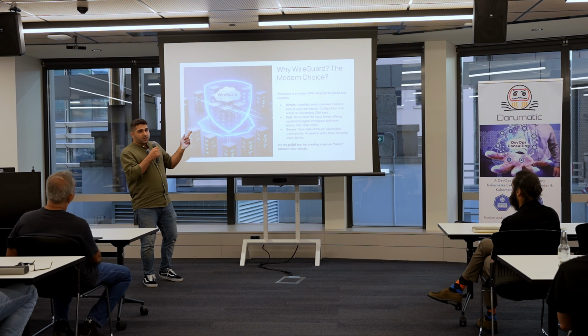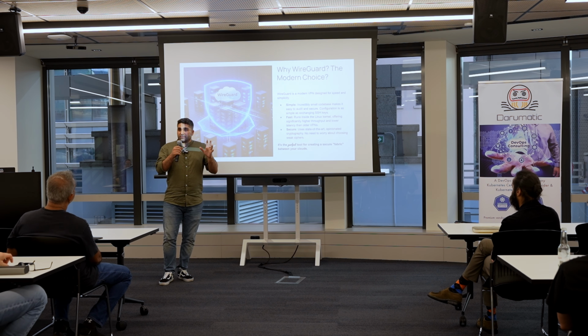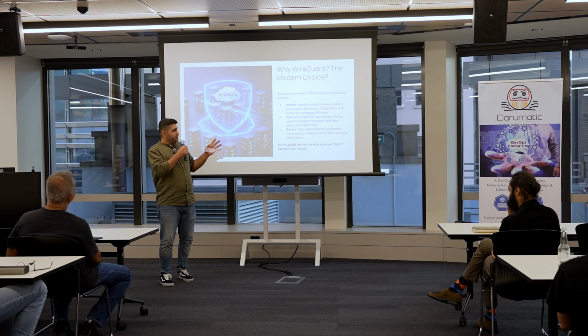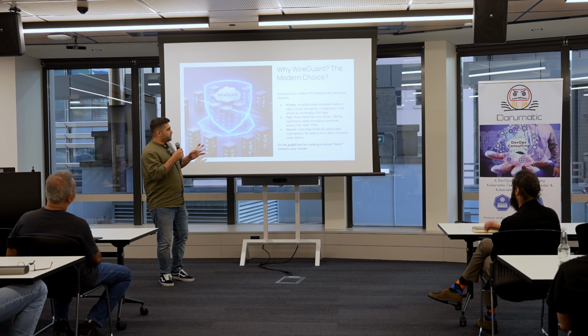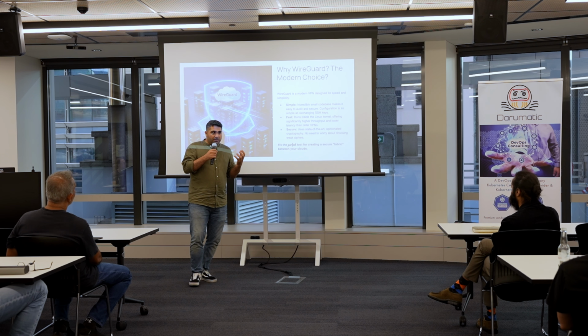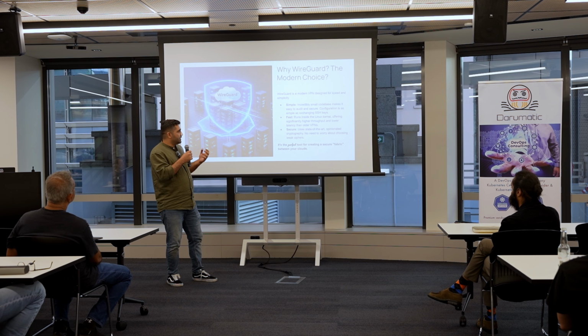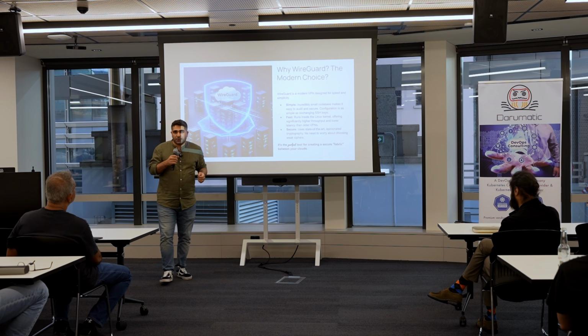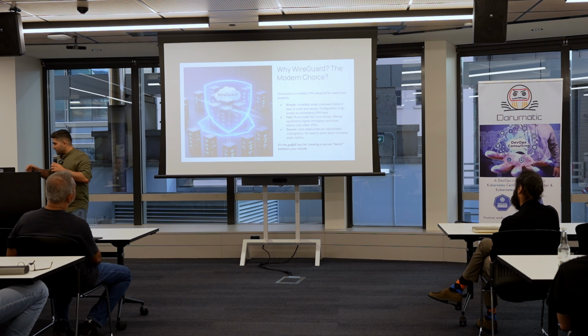But WireGuard is running in kernel space, which means that it's faster. It's using UDP, so it doesn't have the triple handshake of TCP, which makes it unreliable and slow. And it is perfect for this scenario. So let's talk about this more.